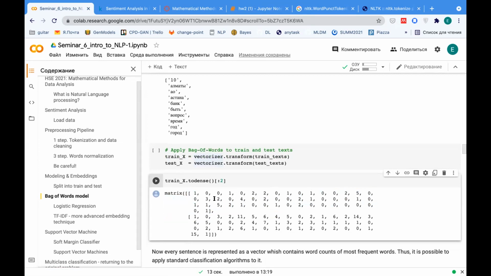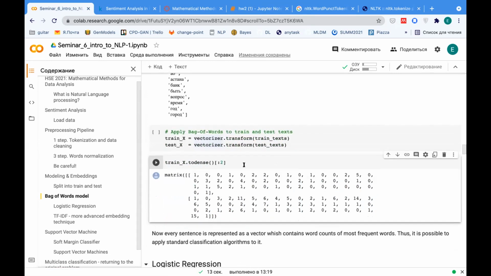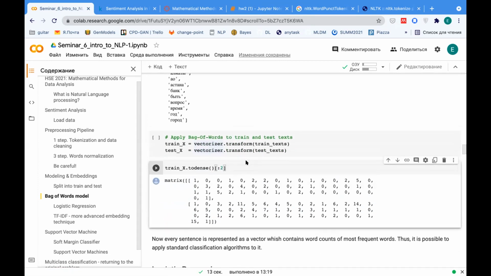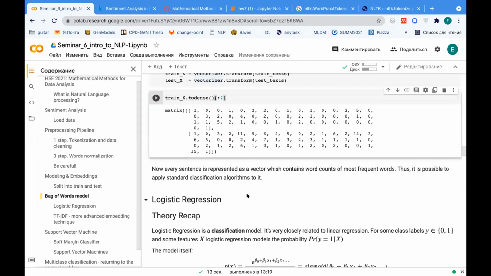Although we have only 50 words, we probably did not count all the words in all the texts. So probably this encoding is a bit too poor, but we will see it sometime.